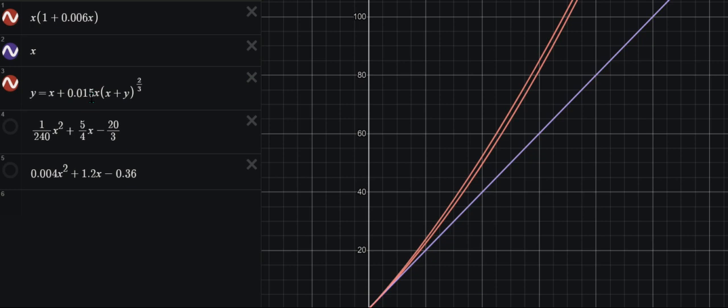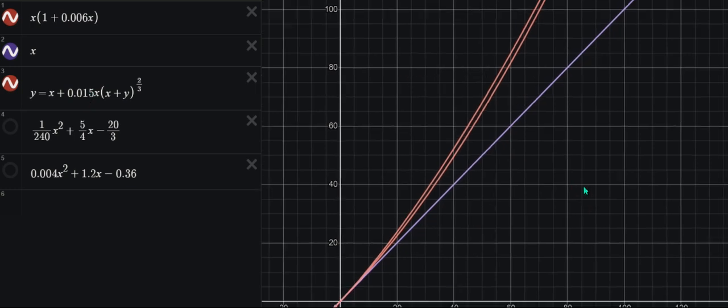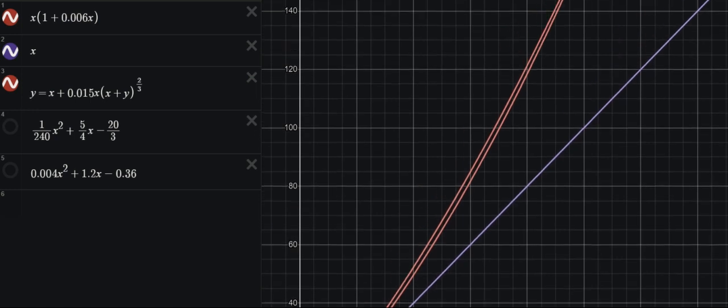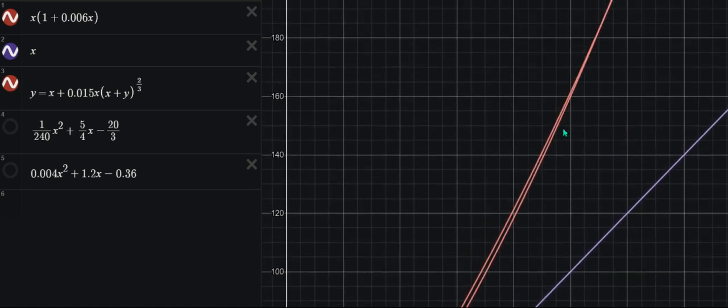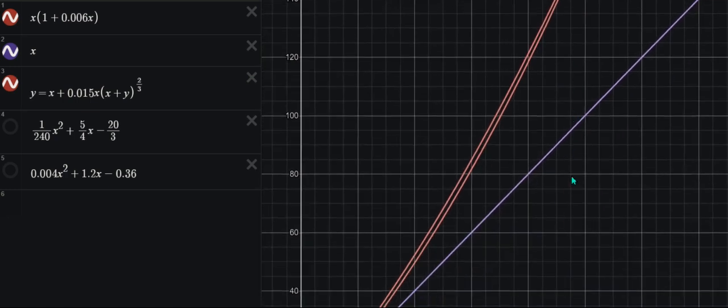I said, okay, let's find (y minus x) upon x. What about that value? That value is small, right? But then it turns out that's also not very small, because look at this. When this thing is 100, this guy goes to like 160 or something, right?